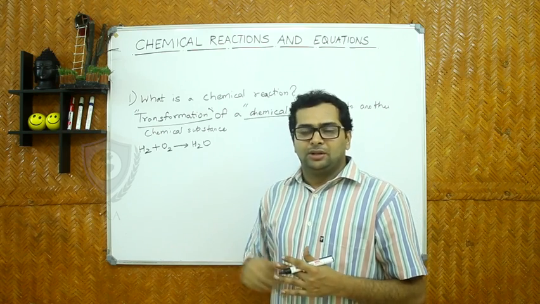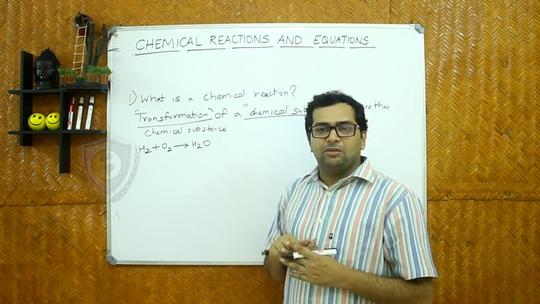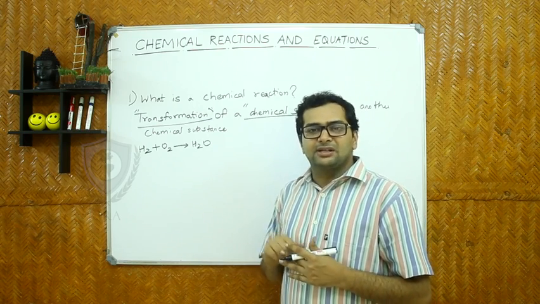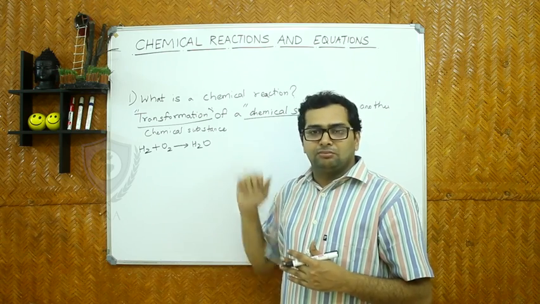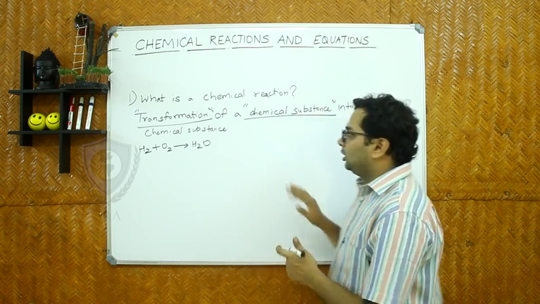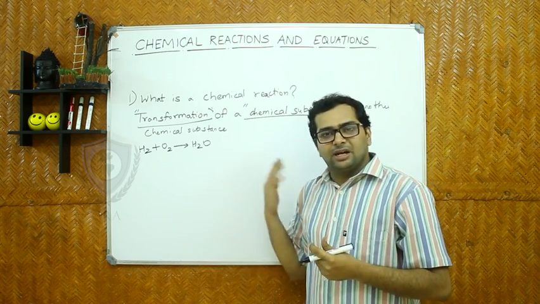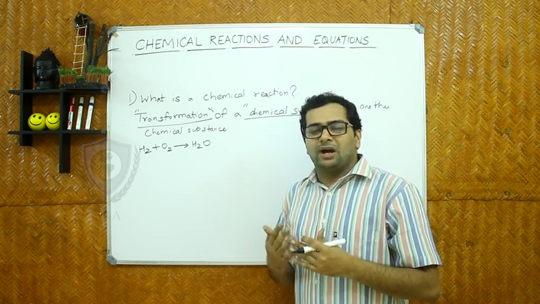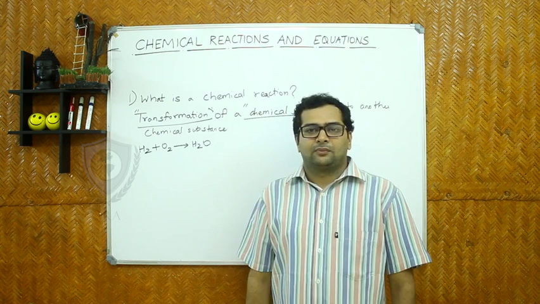So this is a chemical reaction, a very simple chemical reaction, and it has the transformation of hydrogen and oxygen into water. So I hope you are able to understand the definition now, which is transformation of one or more chemical substances into another one or more chemical substances. So there can be two or three chemical substances which are getting converted into 2, 3, 1 or as many chemical substances.